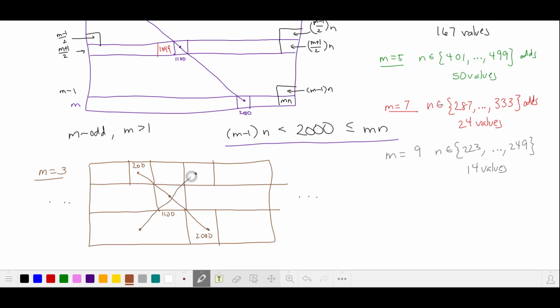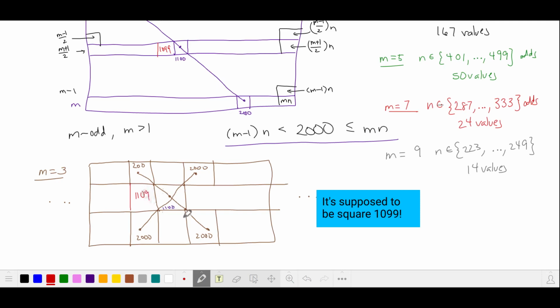I draw them so that the line that connects the center has slope 1 and -1. And I do that because that's sort of the limit on 2,200. When it passes through the vertices of our square 1100, let me actually put 1100 inside the box. There we go. That's box 1100. When it passes through this, it doesn't pass through our square of interest, 1109.